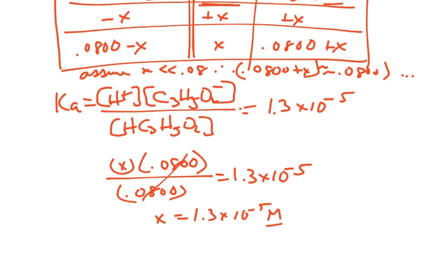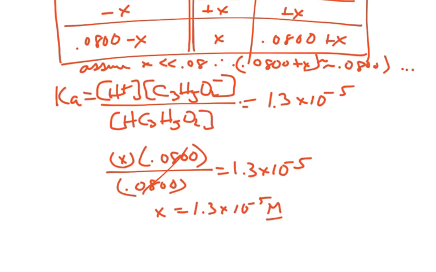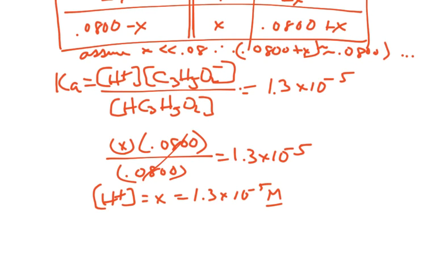Molar, what is that? That is actually my H plus concentration. So that means my pH... I said that wrong. pH is the negative log of 1.3 times 10 to the negative 5, which is going to be 4 point something.